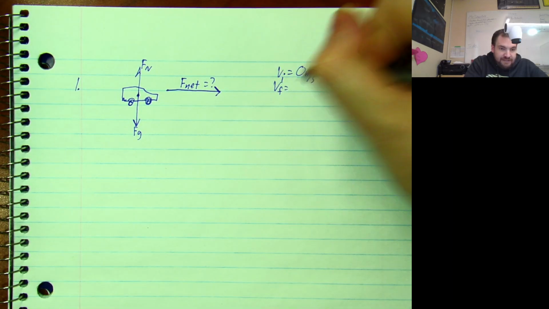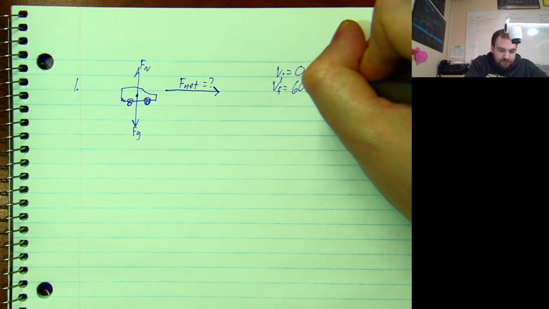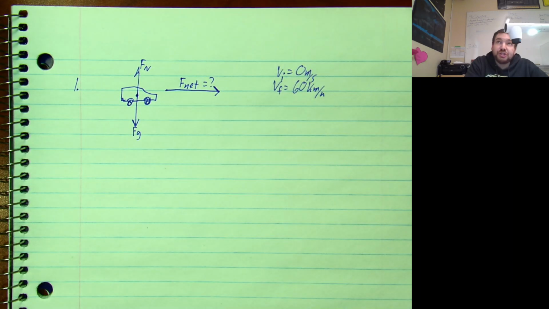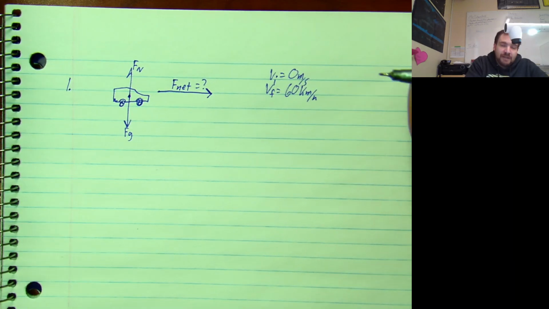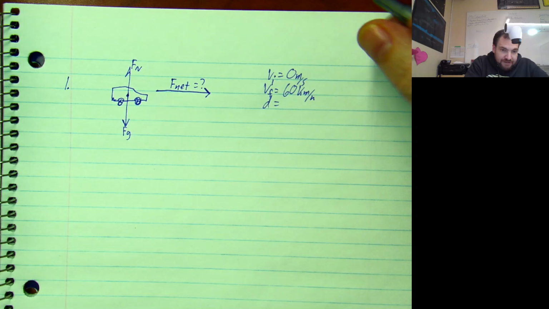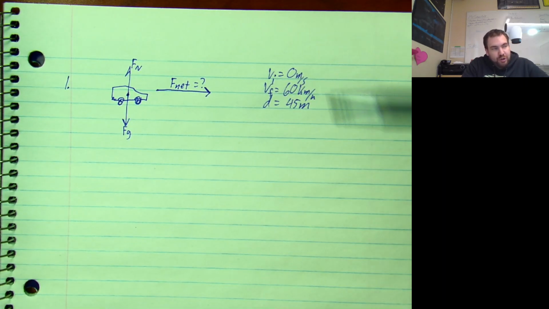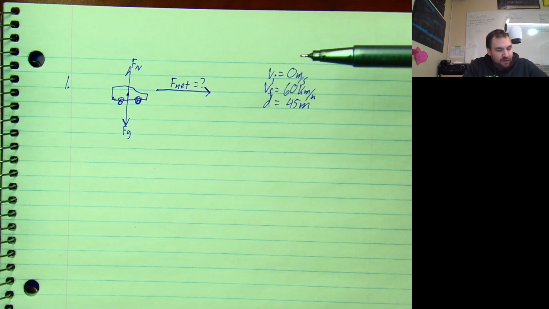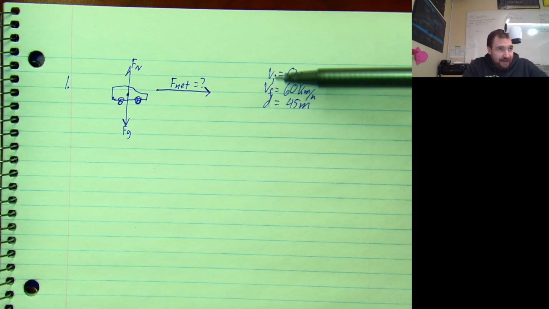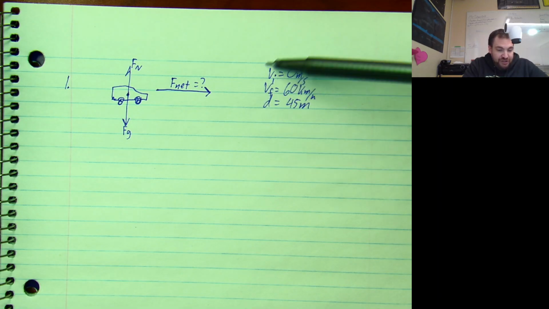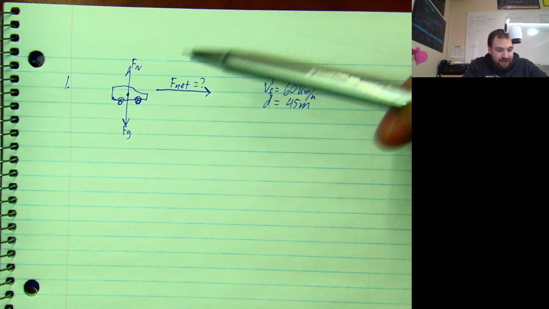VF is going to be 60 kilometers per hour, which isn't super useful to us in the current form, because we know the distance the thing travels is 45 meters. We aren't told explicitly what to find from this set of information. We're just told to find what the net force has to be.